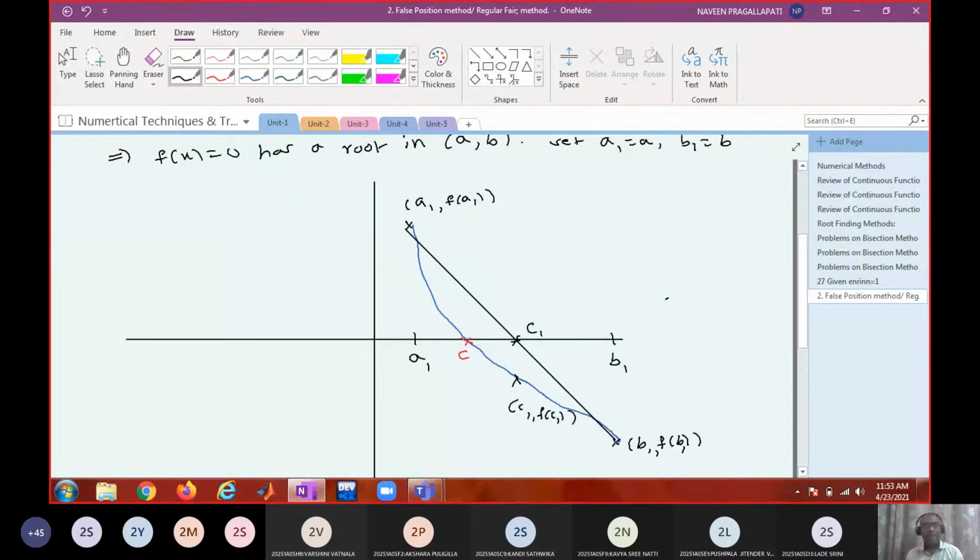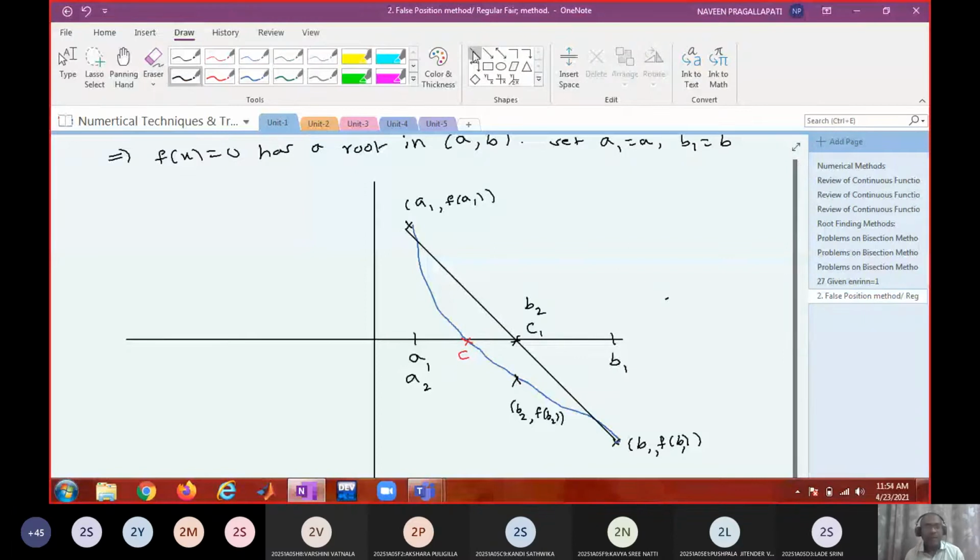Do you agree? So for the next iteration, you rename this A1 as A2, and you rename this C1 as B2. Then this point is called B2 comma f of B2.